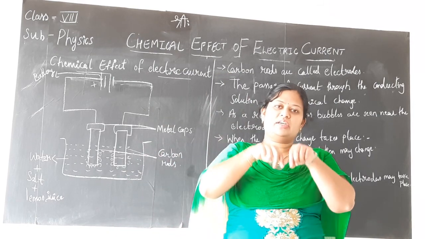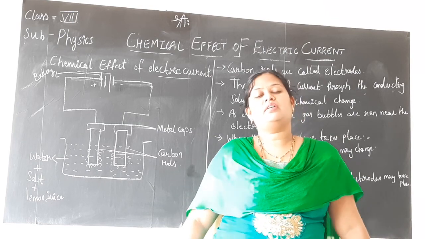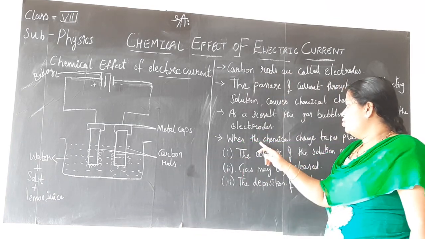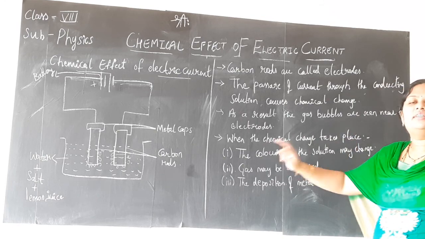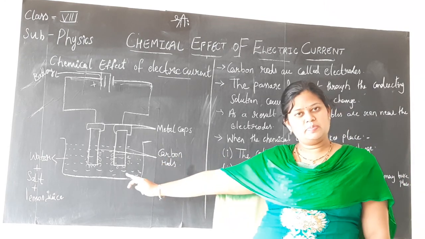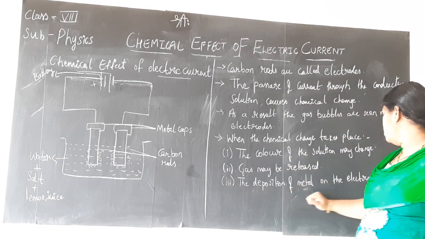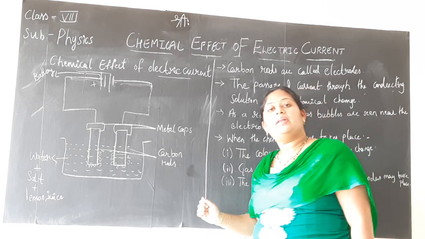When you mix two chemicals together, color changes take place. You have done all that in the lab. So when this chemical change takes place, the color of the solution may change, gas may be released, or the deposition of metal on the electrode may take place.